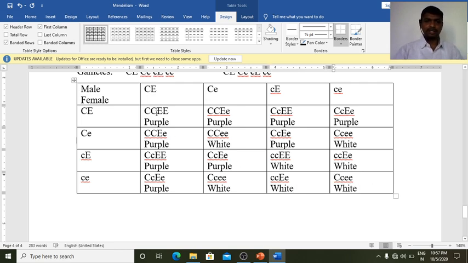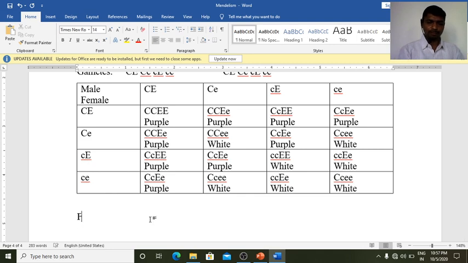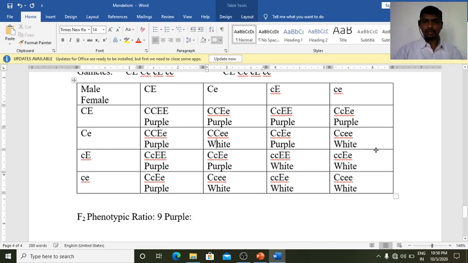So what is the ratio here? Count: 1 2 3 4 5 6 7 8 9. So the F2 phenotypic ratio in this case is 9 purple, and then count the white: 1 2 3 4 5 6 and 7.